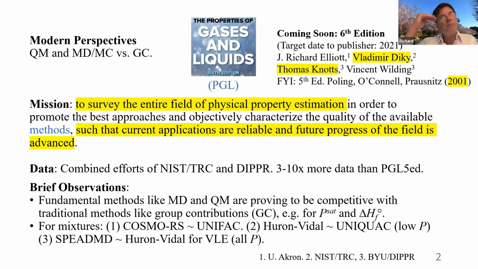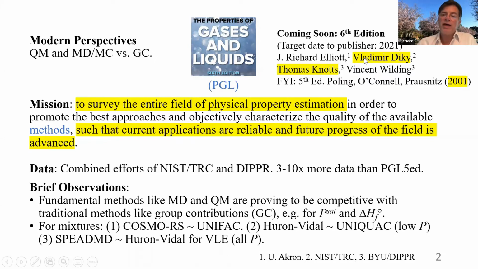Their mission is to dig deep for those few compounds that have been established by their industrial advisory committee to be on their list, and for whatever properties the committee has established need to be represented, they will get the best estimates of those properties for every compound in the database. And so sometimes that means they have to estimate, and sometimes they need to collect all the best data. So that's a focus on pure compounds.